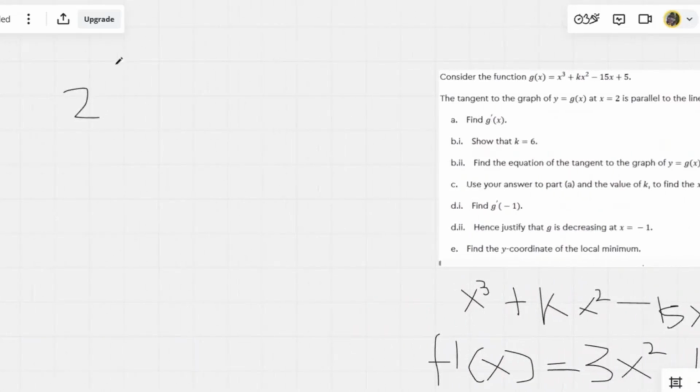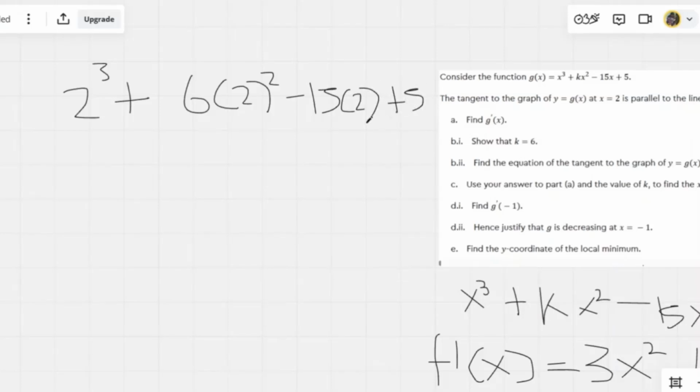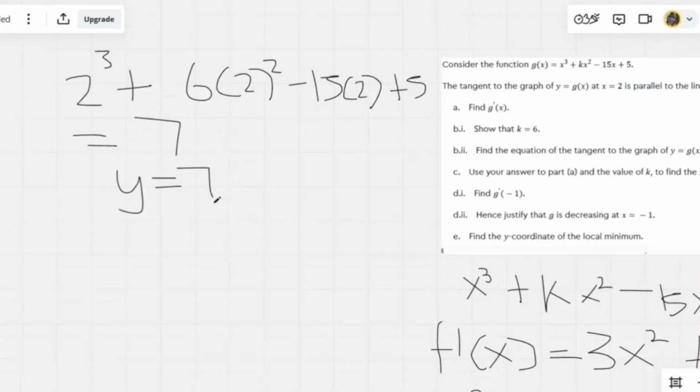So that will be 2 to the power of 3 plus k, which is equal to 6, multiplied by 2 to the power of 2, minus 15 multiplied by 2, and plus 5. This will give us 7. So y equals 7.